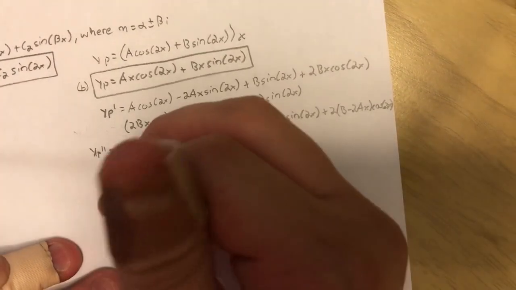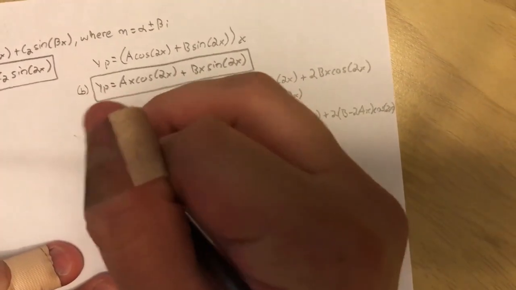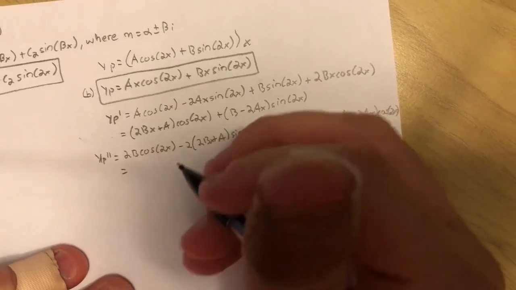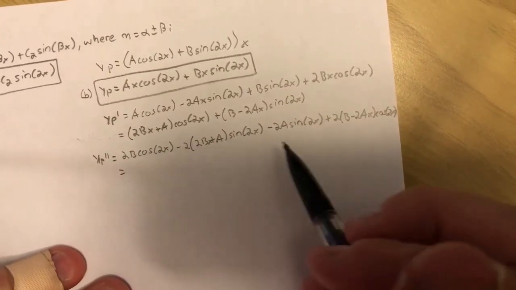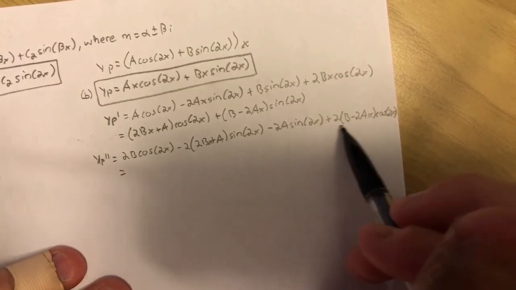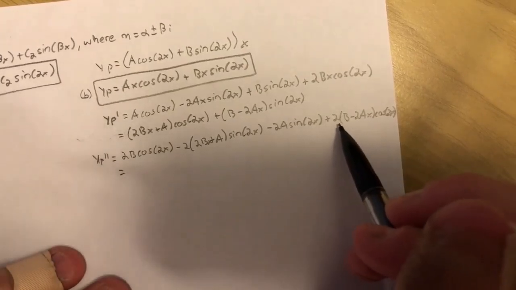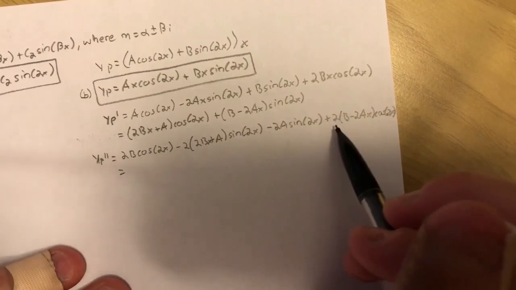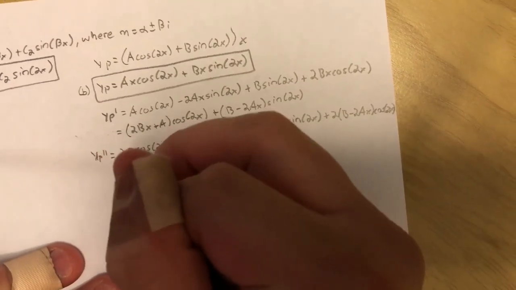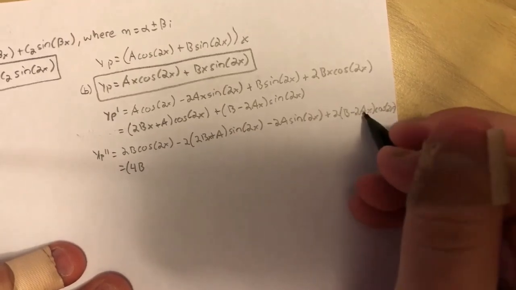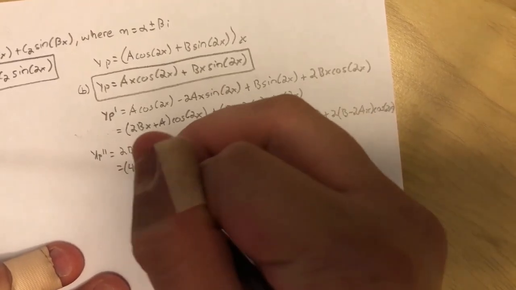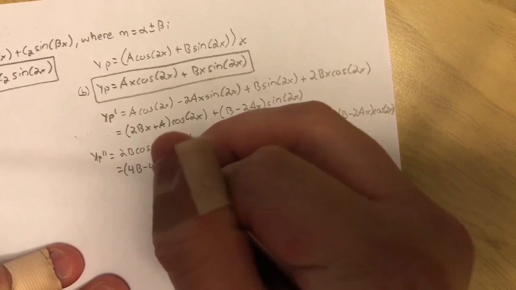So again, let's group it. Looking at cos 2x, we have a 2b. Where's next? Cos 2x all the way over here. And then we have another 2b multiplying the 2 in. So we have 4b. And then we have a minus 4ax.